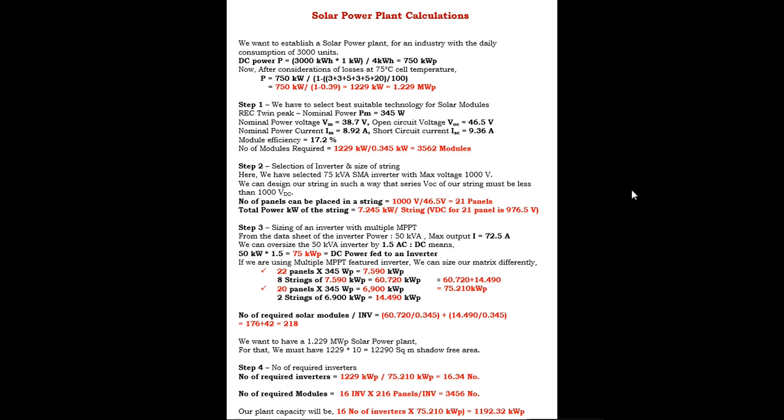So what we are having, number of required inverters, this divided by the power that we computed in step 3. So we required 17 inverters or 16 inverters in this case, considering less than 0.5. So 16 into 216 panels, or you can say 218 panels depending upon the capacity of the inverter. We are having this much number. So the plant capacity will be 1192.32 kilowatt peak or 1.19 megawatt peak.